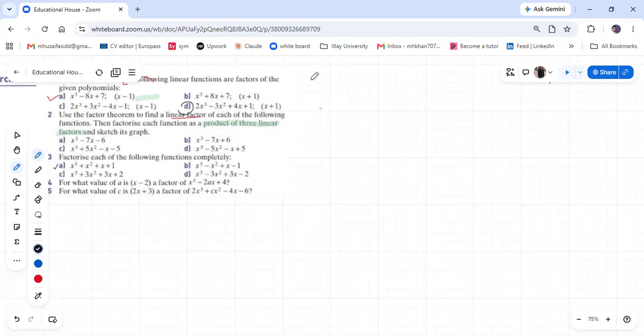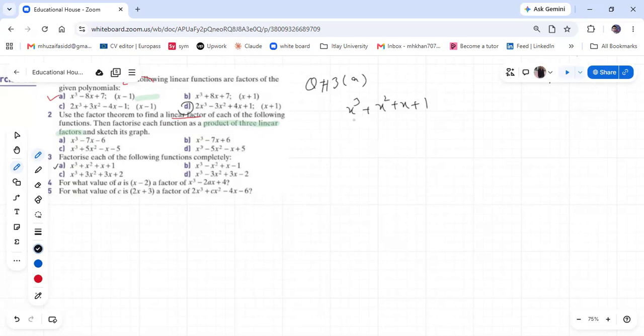First of all, question 3(a). Our function is x cube plus x square plus x plus 1. Factorize the function completely.